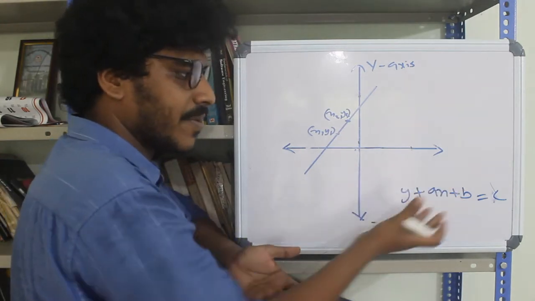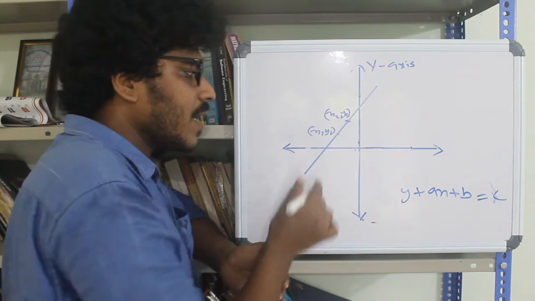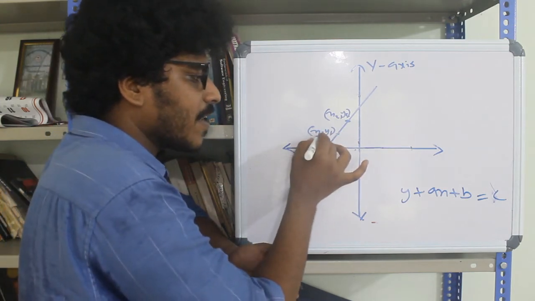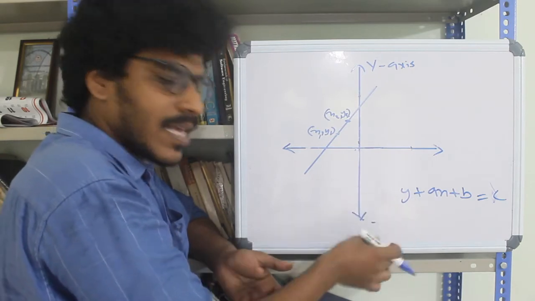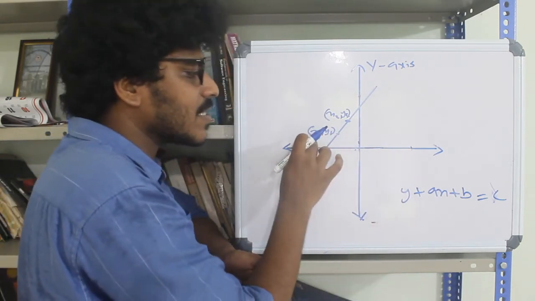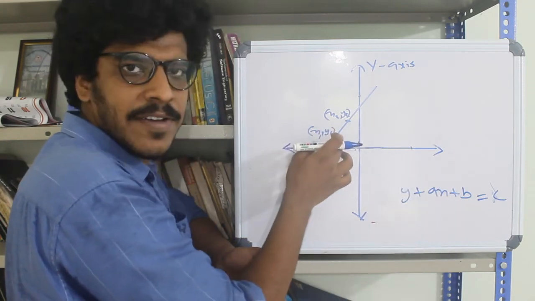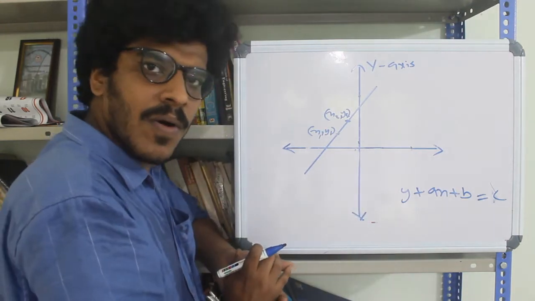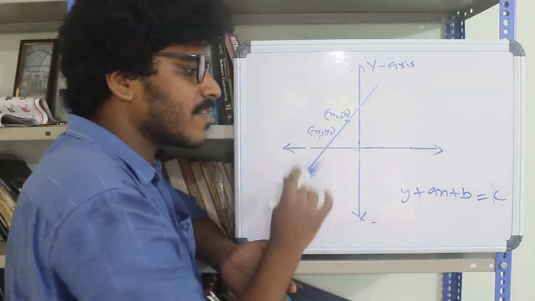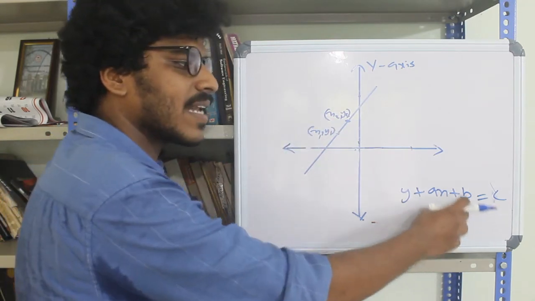In that case, if we have a point x1, y1 on the graph of this equation, that means we can successfully replace x and y with x1 and y1 without violating this equation. In other words, x1, y1 makes this equation an identity.